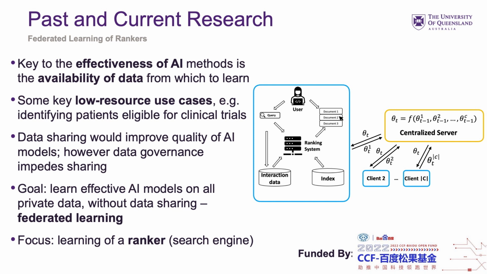Now, some use cases also in health, and I would say particularly in health, however, are low resource use cases. They do not have a lot of data. Imagine you're trying to figure out the best treatment for rare diseases, or you're trying to identify patients that are eligible to clinical trial and for very specific trials.